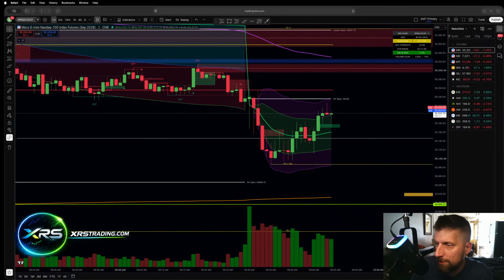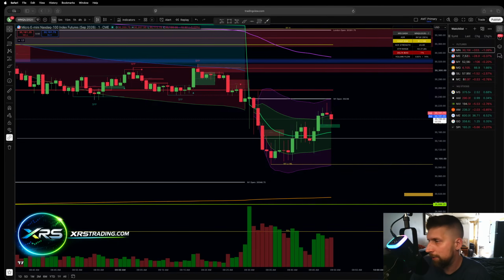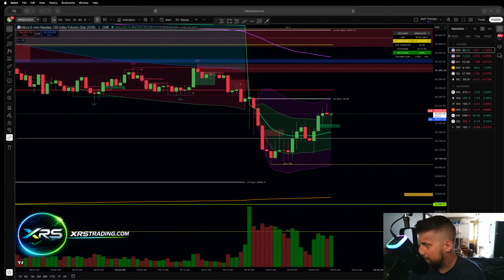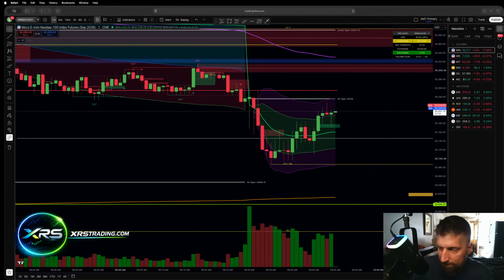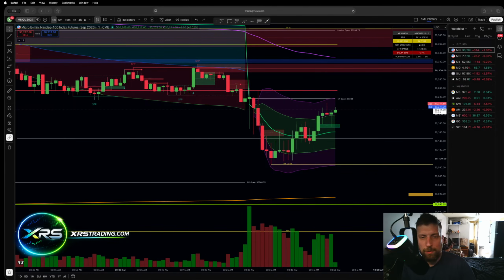This seems kind of like indecision, like one side isn't in control much more than the other. Not sure though. Got some pretty good rejection wicks on the 1 hour and 4 hour though.